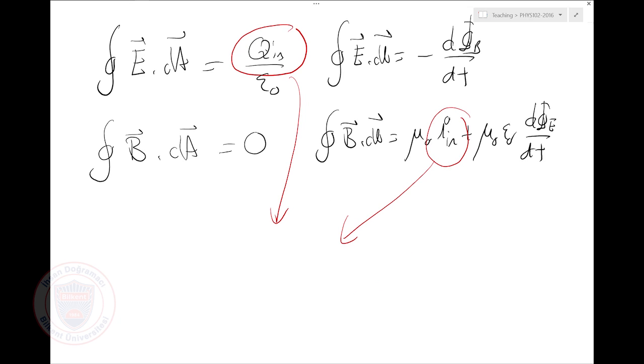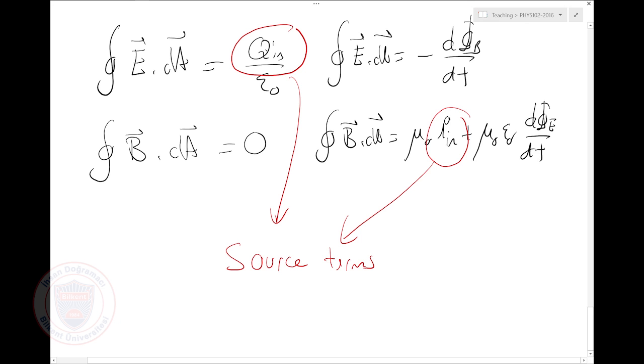These are called source terms. So basically, these terms in my equations tell me how to calculate the electric field somewhere or the magnetic field somewhere if I know the currents and the charges, how they are distributed in space and how they are moving.